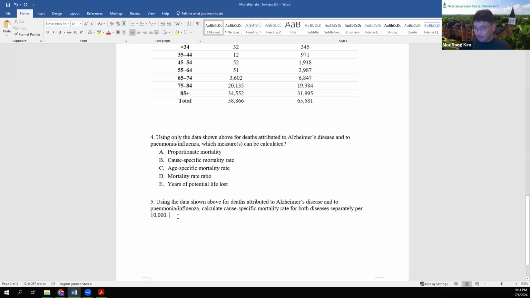For Alzheimer's disease, total number of deaths from this disease, 58,866, over total population, times the constant. So we got this number.